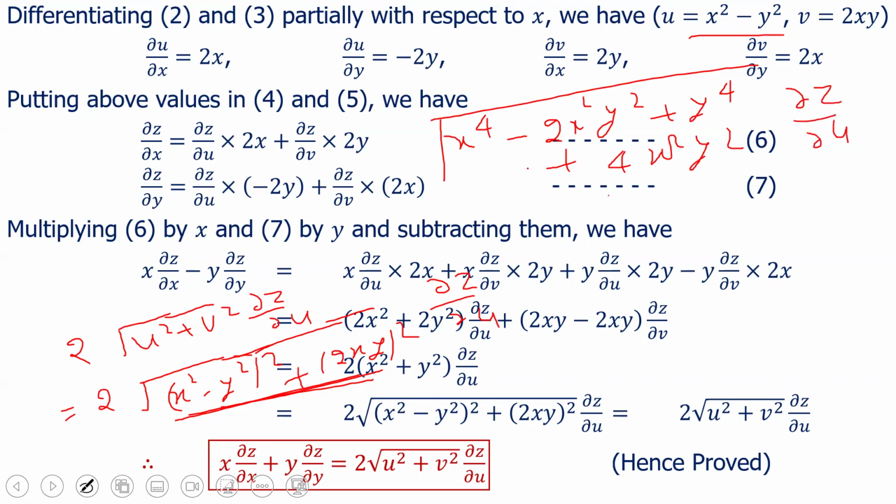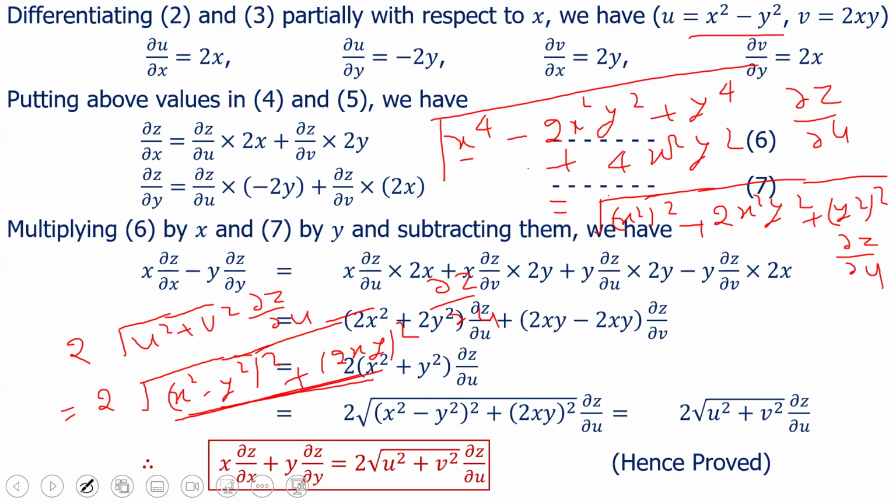This can be written as x square whole square plus 2 times x square y square plus y square whole square, del z del u. So we have root over x square plus y square whole square del z del u.